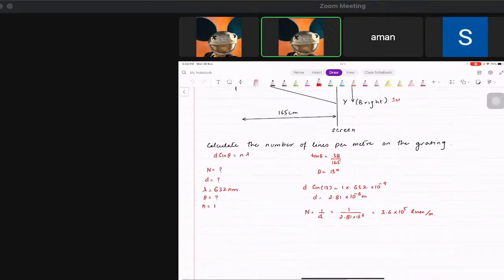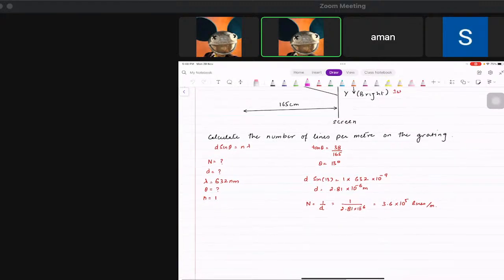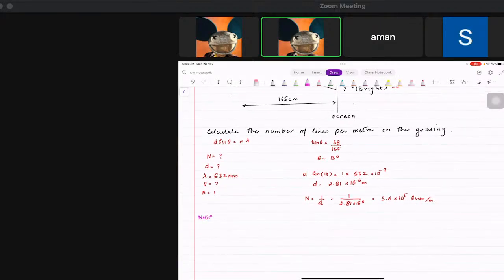Now, the next thing you're going to do is write a note here. The note is that d sin theta equals n lambda is only valid if the light incident on the diffraction grating is 90 degrees to the grating.